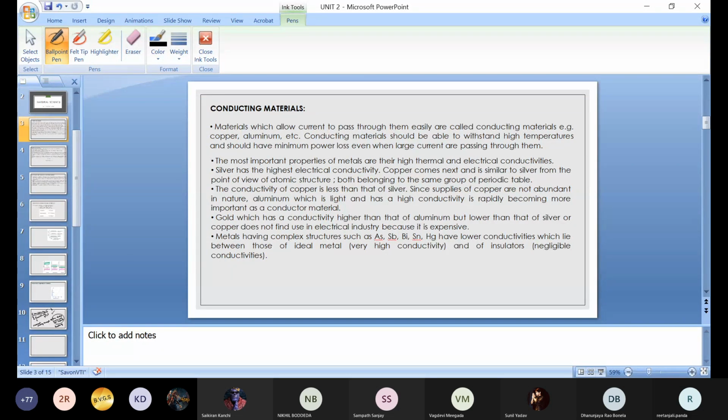We call them good conductors of electricity. Why do we say a metal is a good conductor? Because these metals have free electrons, which let the current pass through.